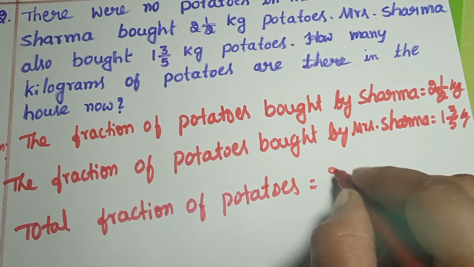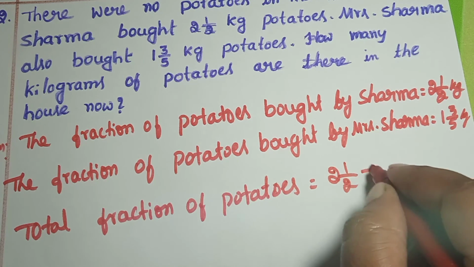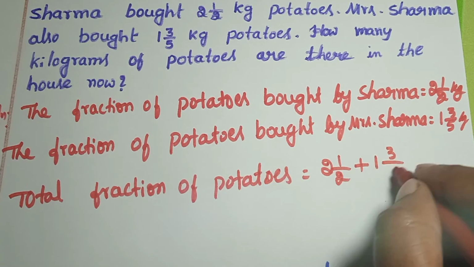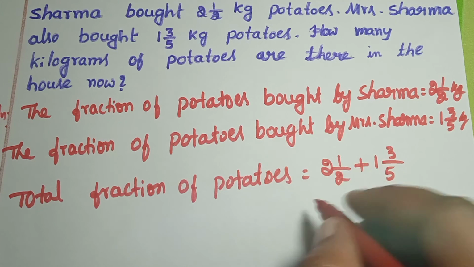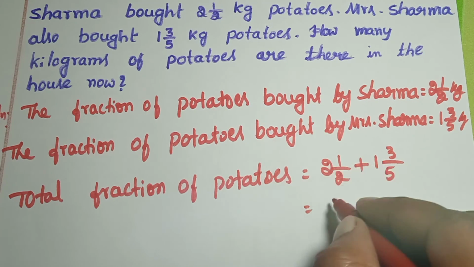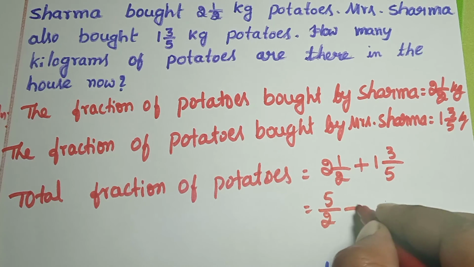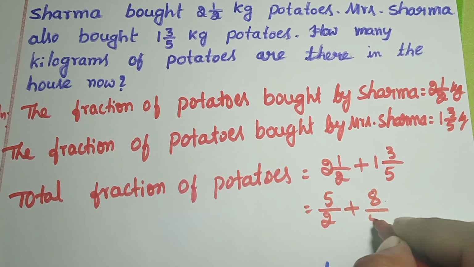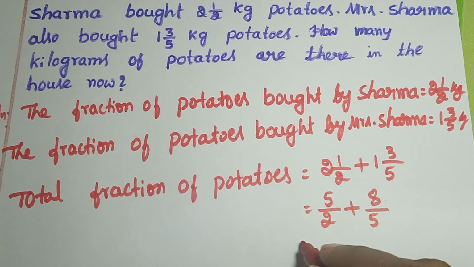Okay, 2 1 by 2 plus 1 3 by 5. Okay, convert it into improper fractions. That is 2 2s are 4, 4 plus 1, 5 by 2, plus here 5 1s are 5, 5 plus 3, 8 by 5.